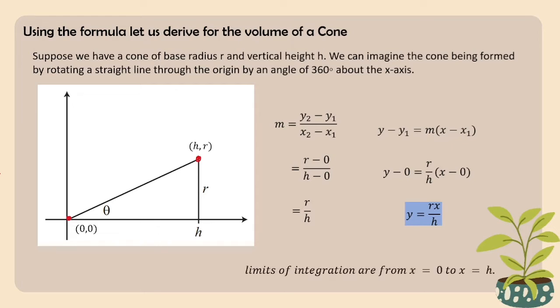The limits of integration are from x equal to 0 to x equal to h. Here is our 0 and here is our h, and that is rotated about the x-axis.